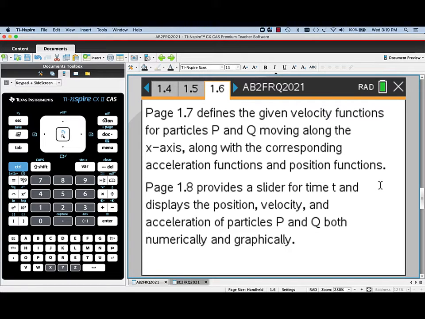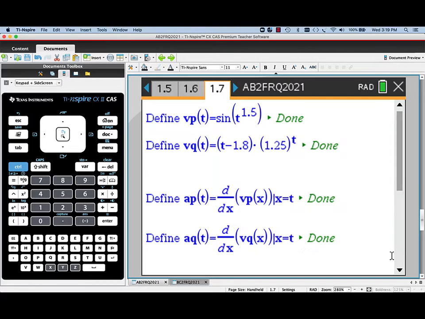And then we're also going to define the corresponding acceleration functions and position functions for the two particles. That gets us set up for the next page of the document, which provides the punchline. And that's this interactive visualization tool where we'll have a slider that lets us control the time, and it will display the position, velocity, and acceleration of these two particles, both numerically and graphically.